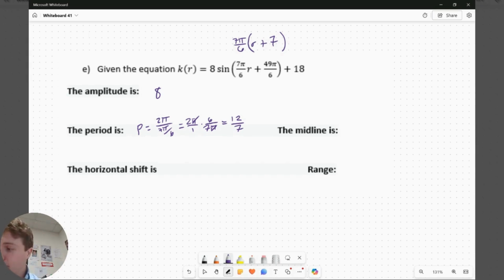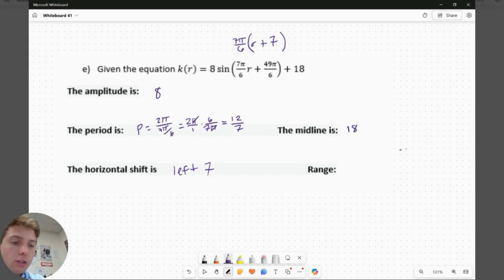We can start to identify some other information as well. The horizontal shift, now that it's factored, we can actually determine that. Because it's adding on the inside, that would mean it's going to the left. Looks like it's going left 7 units in this case. The midline we know is just the k value. It's the vertical change, which is 18.